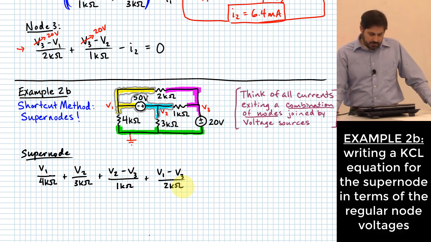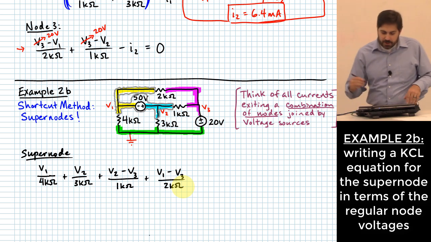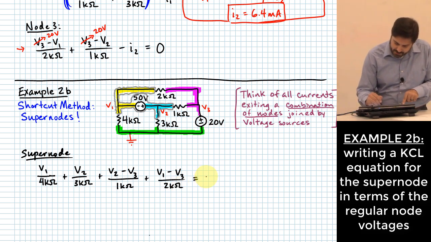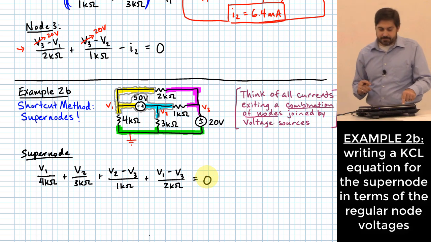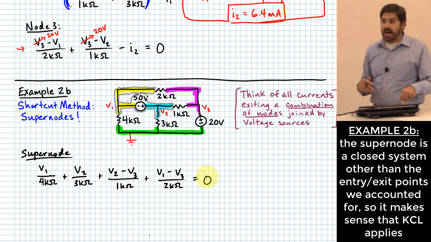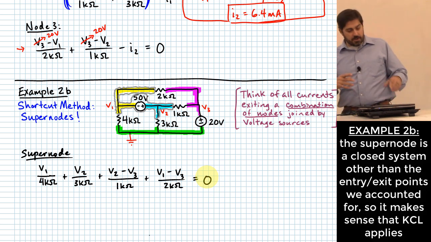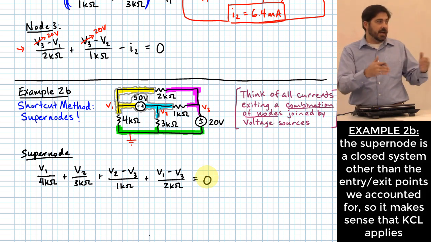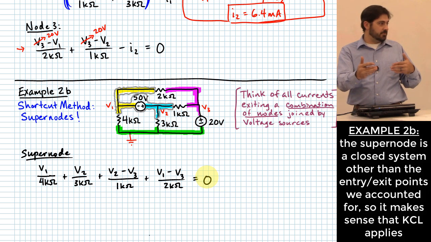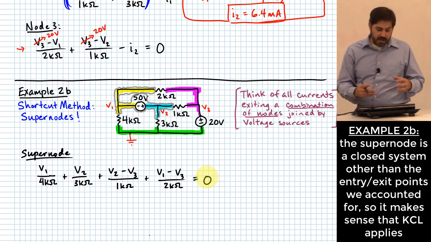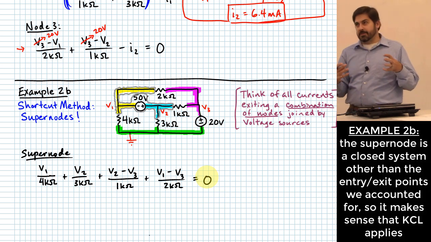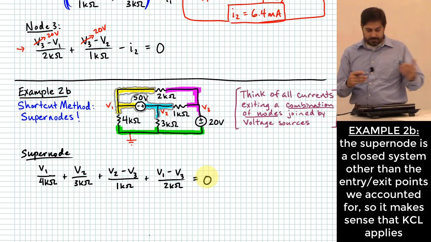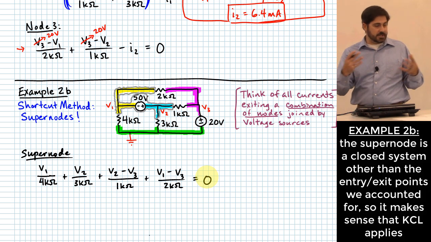All right. And what we do here is we say that all has to be equal to 0. And this is valid, right? If you think about this, you can define any closed system and say all the currents in and out had better sum to 0. There's nothing in here that allows you to store up that current. Whatever current flows in on each one, they still have to sum to 0.